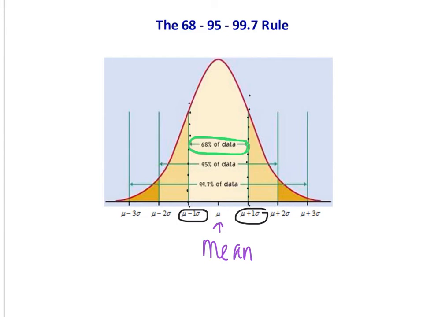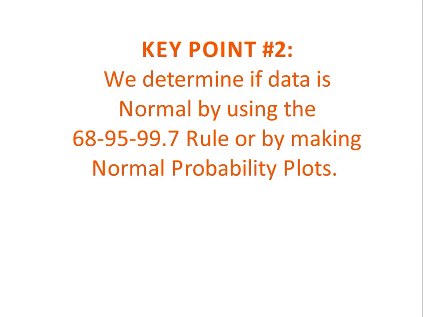And then if I do the same thing with adding two standard deviations, so I go out another standard deviation on both sides, now 95% of my data is in that range. This rule ensures that I'm going to get a unimodal and symmetric curve.